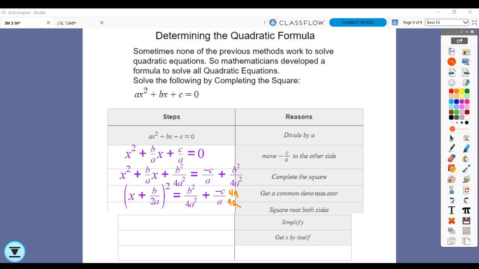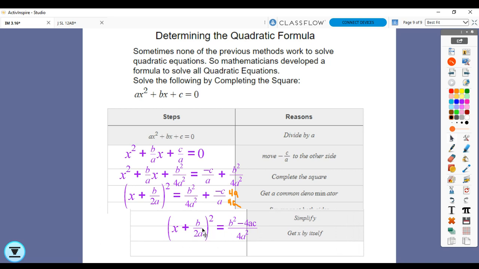And put in the numerator here minus 4ac. So I'm kind of doing what we were doing before with completing the square. I move the c over. It makes it extra complicated because I have an a in the bottom with my fraction. Take half of this, square it, add to both sides. This time I had to get a common denominator. Then I'm going to square root both sides to get rid of the square.